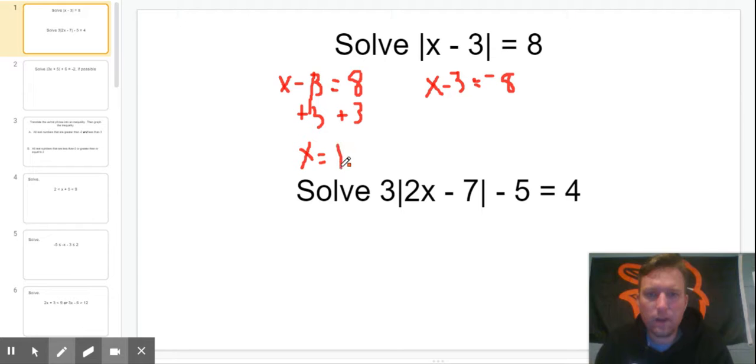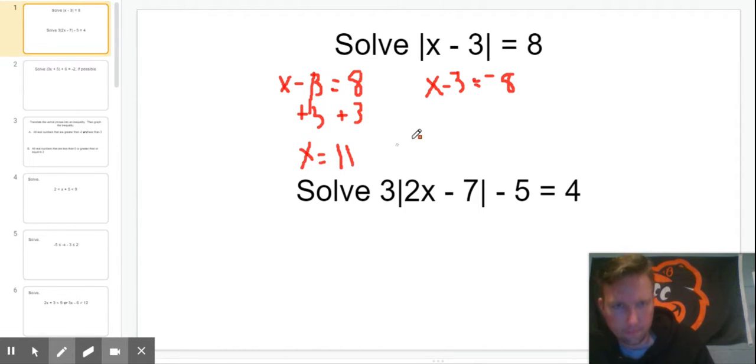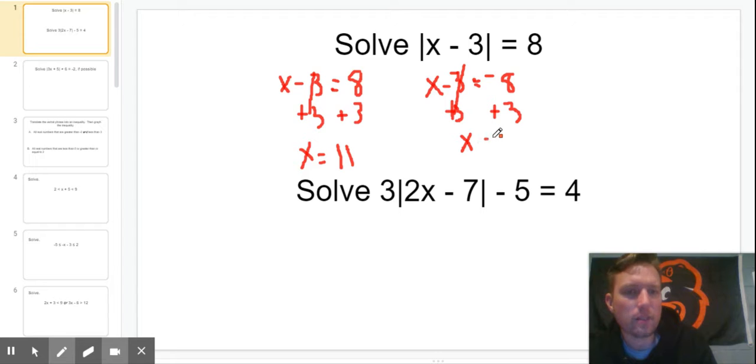Okay? Sweet. Now, over on this side, I'm going to add 3 to both sides, again because negative 3 plus 3 cancel each other out. But on this side, when I add 3, what I'm left with is x equals negative 5.